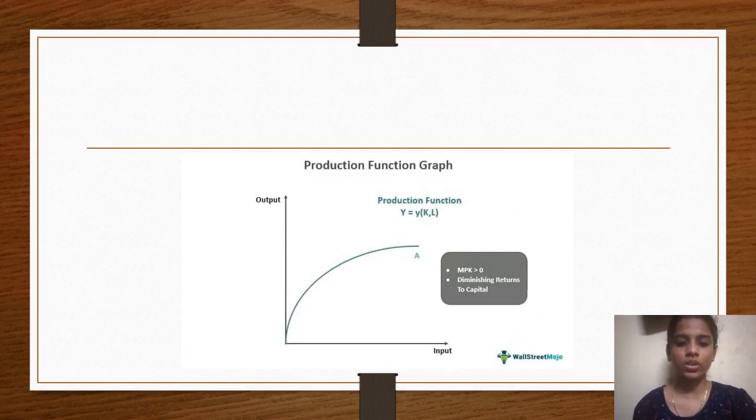The graph shows the short-run functional relationship between the output and only one input, that is labor, by keeping other inputs constant. The x-axis represents labor, the independent variable, and the y-axis represents the quantity of output, the dependent variable. The curve starts from the origin O, indicating zero labor. It gets flattened with the increase in labor. One can notice that with increasing labor, the level of output increases to a level.